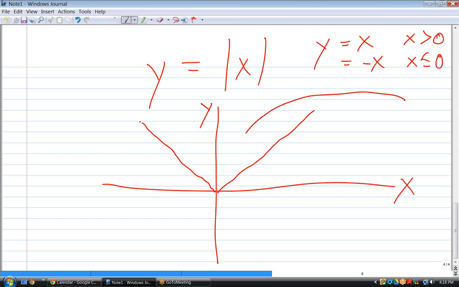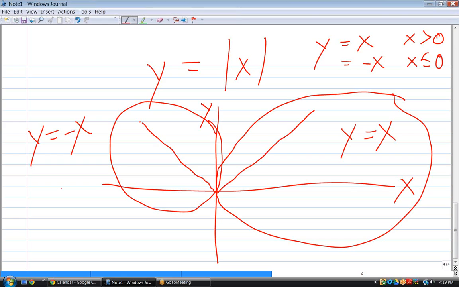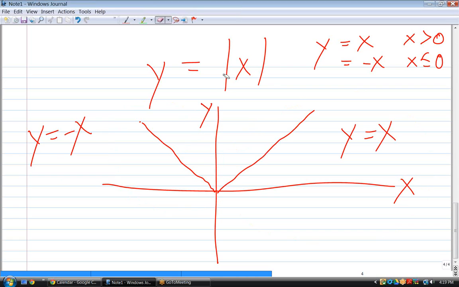Whenever x is positive, we have y equals x. That's the equation of that line. But whenever x is negative, the equation of this line is y equals negative x, the slope of minus 1. So the absolute value function is actually 2 piecewise functions that could be laid out like this.